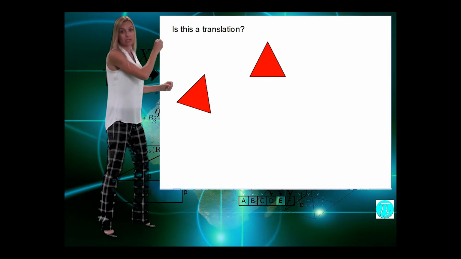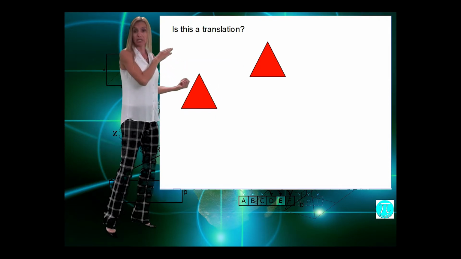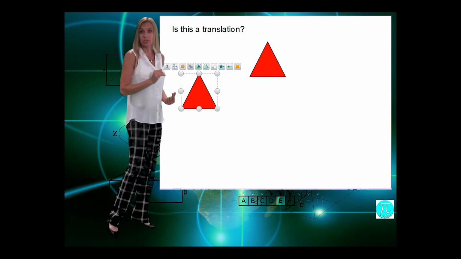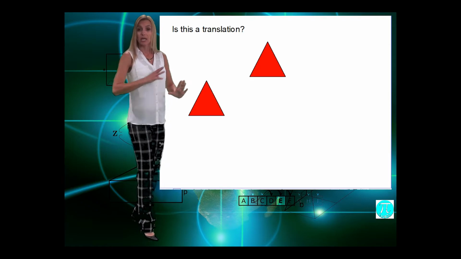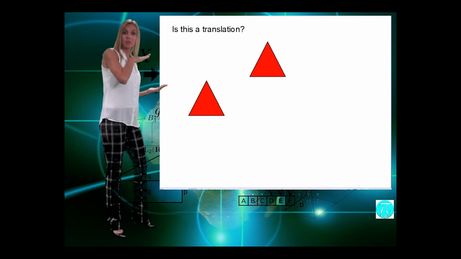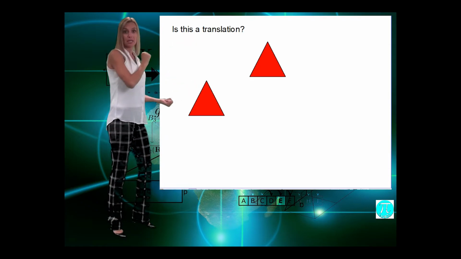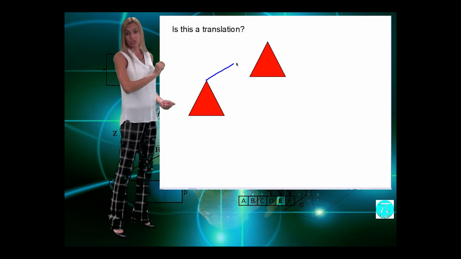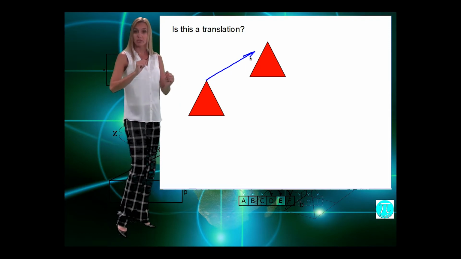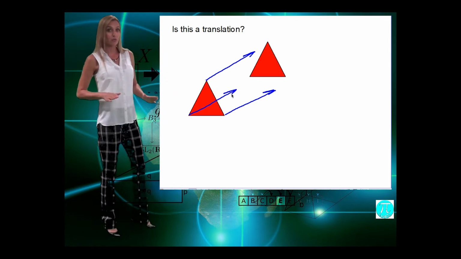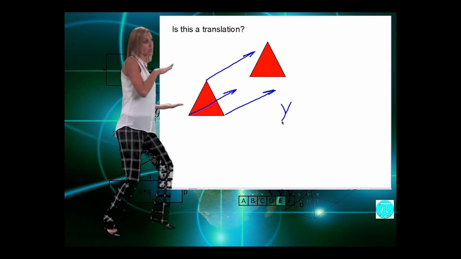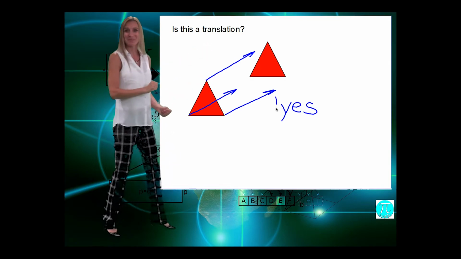This is actually a simple translation because it did not rotate, it didn't do anything else. Every point was basically shifted in the same direction. So if you have a question if this is a translation, it sure is, because it did not rotate, it simply was just sliding.